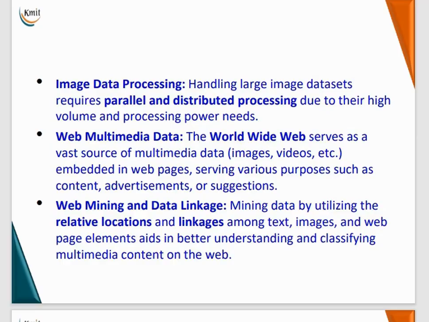Next one, image data processing. Handling large image data sets requires parallel and distributed processing due to their high volume and processing power needs. So here we require parallel and distributed processing.